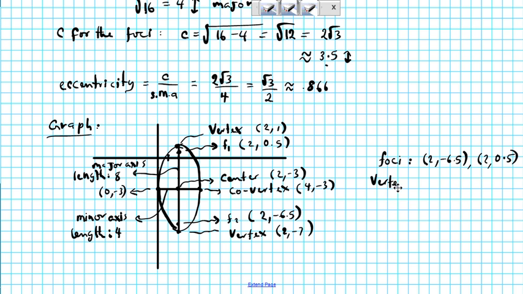Vertices are 2, -7. This one right here is one vertex, and then the other one is 2, 1. The co-vertices don't really count for this information. Yeah. All right. So we have that done.